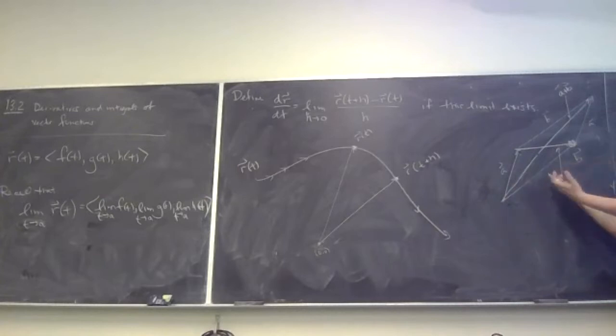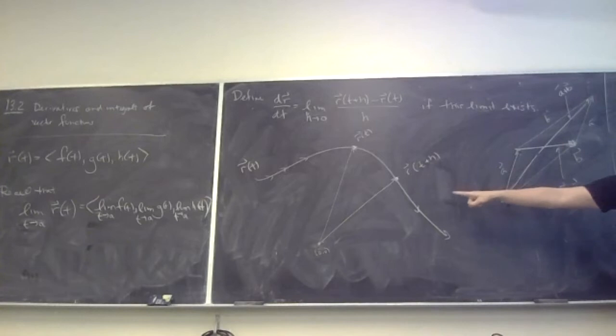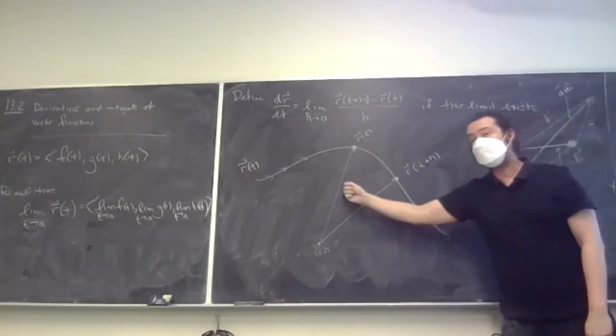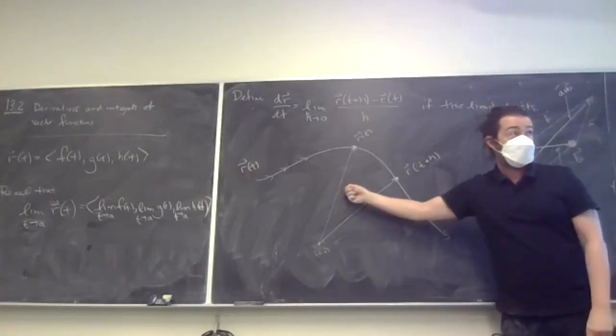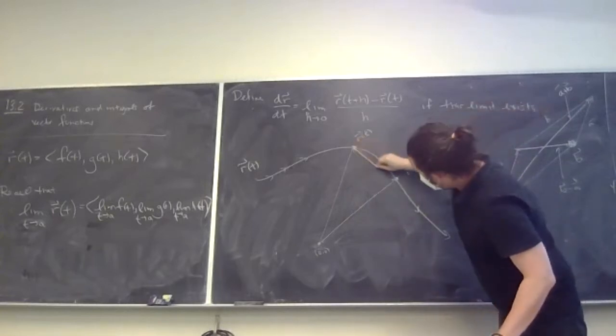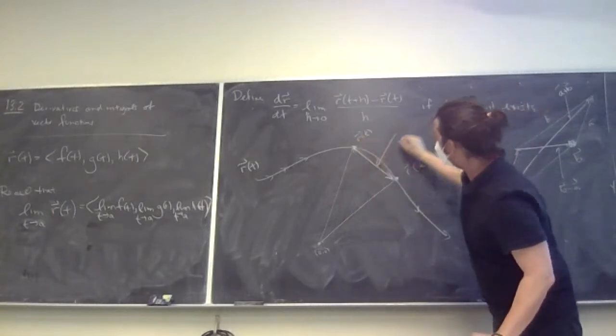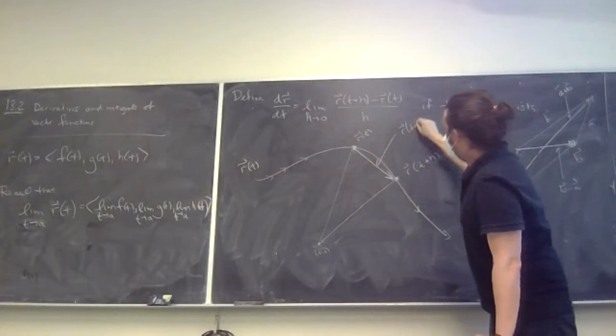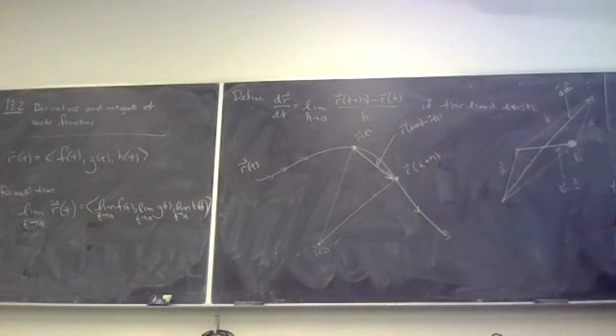So subtractions of vectors go across the short diagonal of the parallelogram. So when I say take this vector and subtract that one from it, this is the result. That vector right there is R of t plus h minus R of t. That's useful. This is actually why we're using this vector formulation.